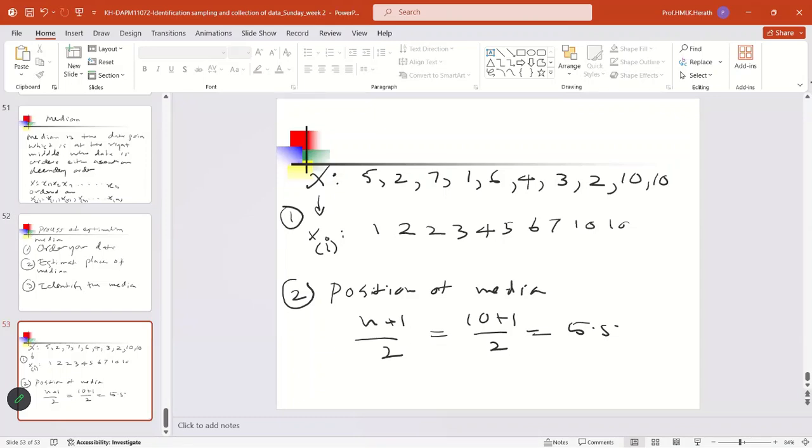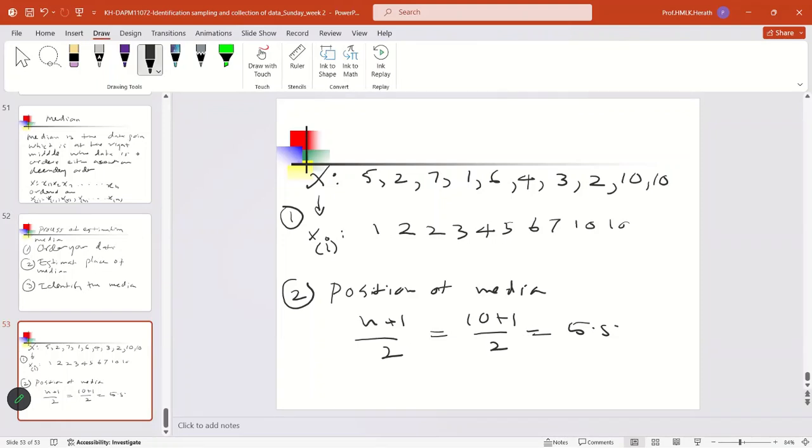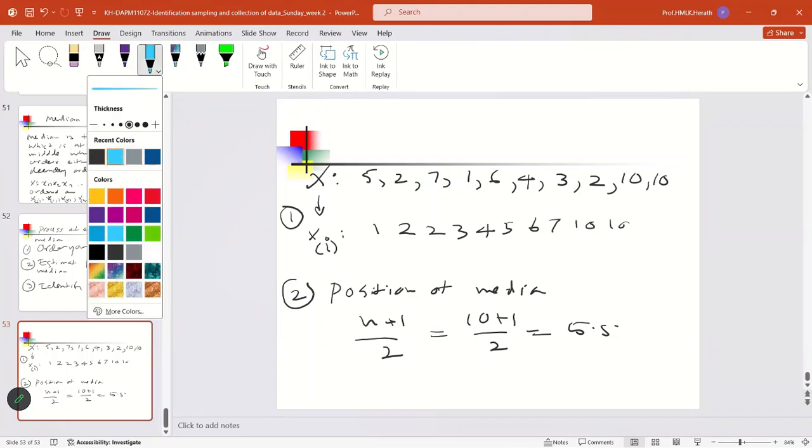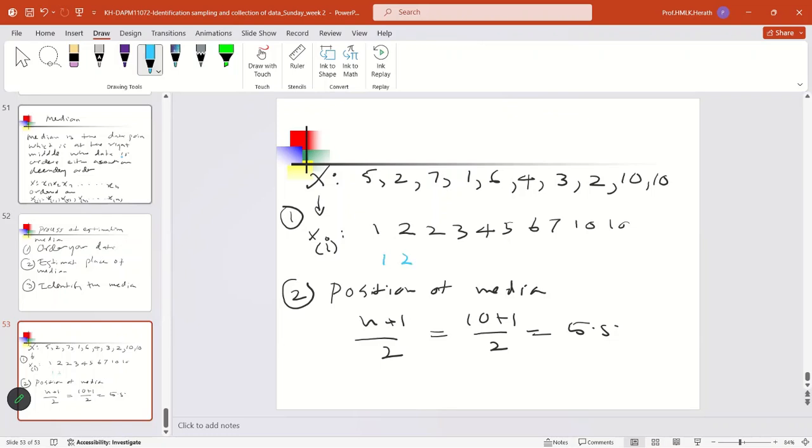Counting the places: first place, second place, third place, fourth place, fifth place, 6, 7, 8, 9, 10. So 5.5 is in between.